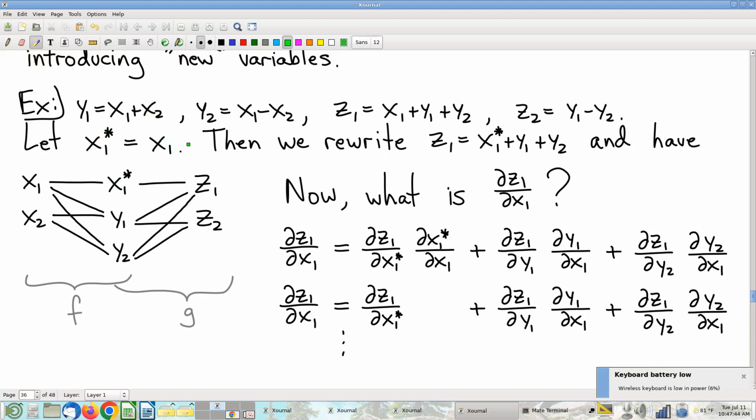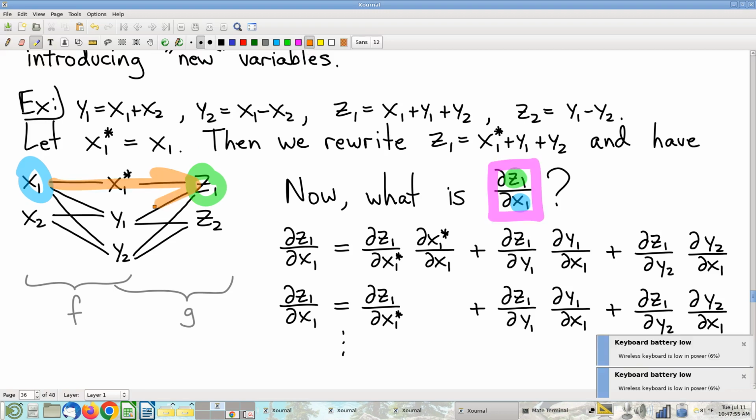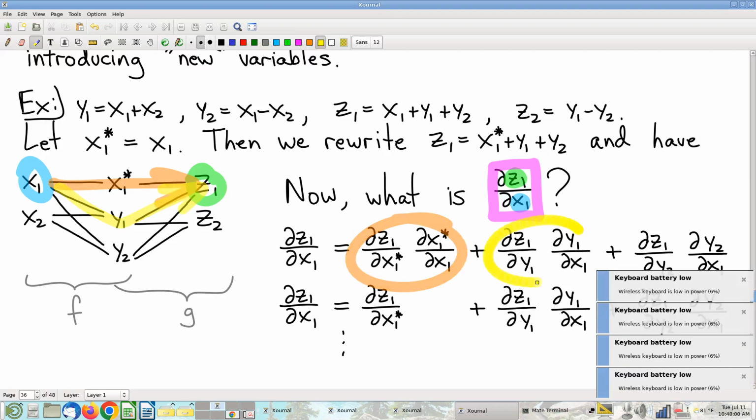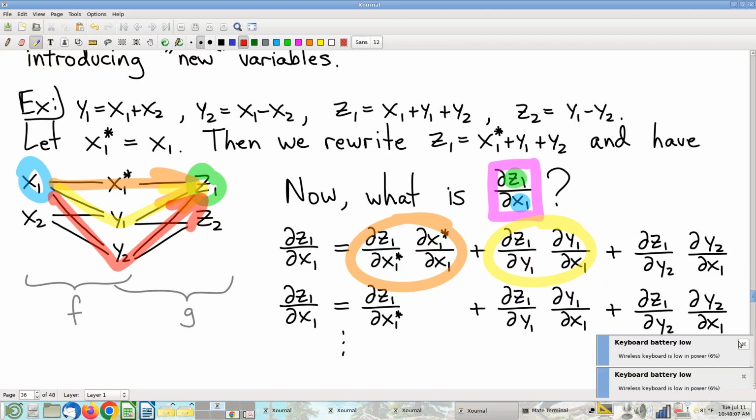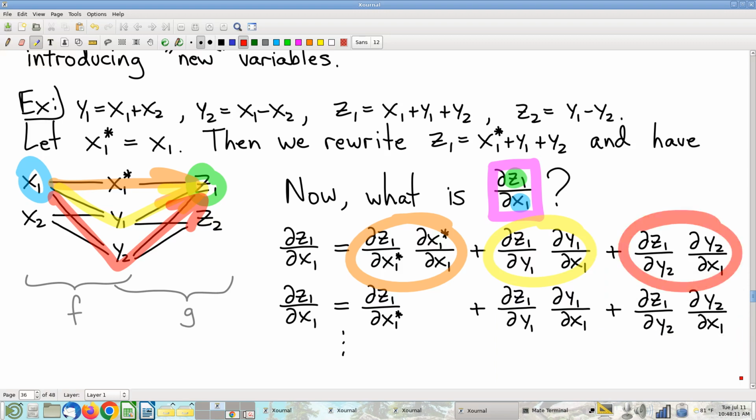And having done that, no problem. If I want to know the partial of z1 with respect to x1, I want to know this partial derivative, fine, no worries. First path, second path, and third path. Third term. Okay, three terms, and altogether, this is how I compute that partial.